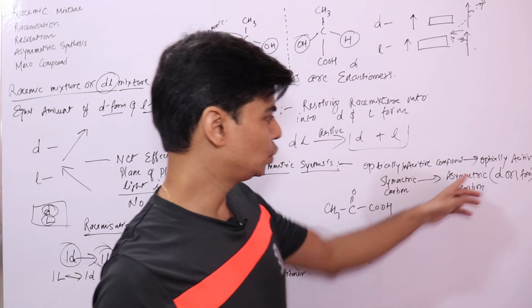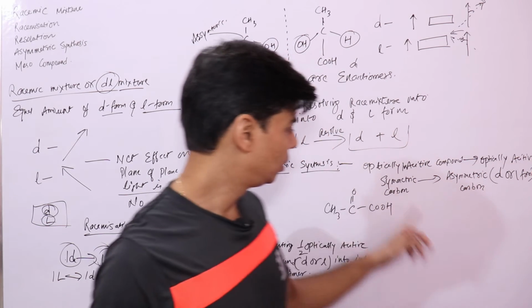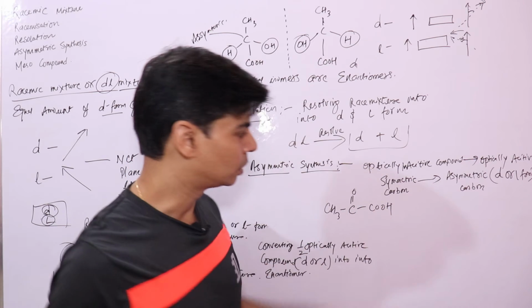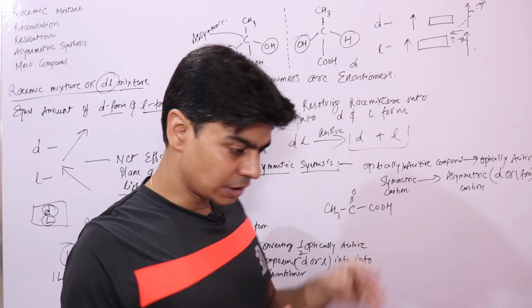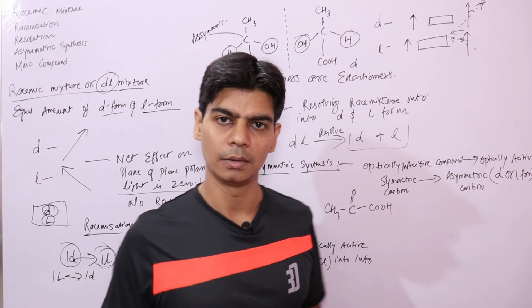So the chances of getting D form and L form are equal.